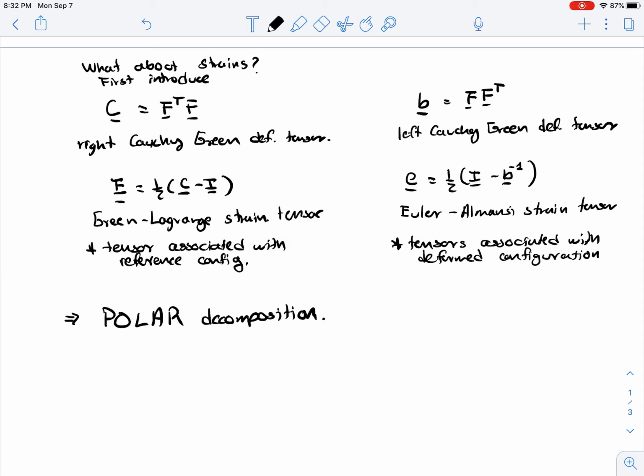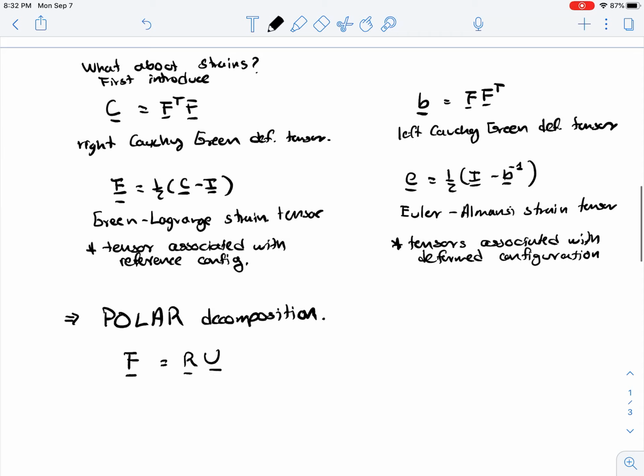There's a bunch of decompositions. Some of them are only applicable to matrices with certain properties, or in this case, tensors with certain properties. And C and B have these certain properties that are useful, and they will be related to this polar decomposition.